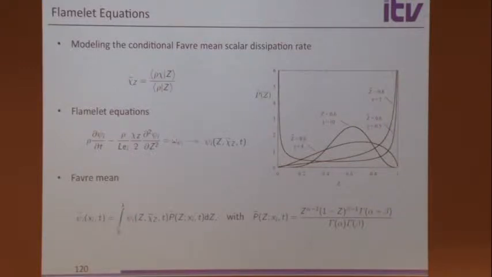so if this unsteadiness of the flame structure is important, then we need to keep this term. That's what we call unsteady flamelet models. And then if this unsteadiness is not important, then we can drop this unsteady term, and then we get steady state equations, and that's what we call steady flamelet model.